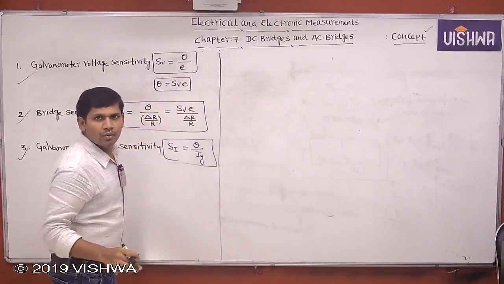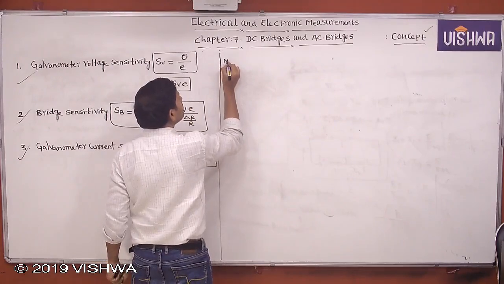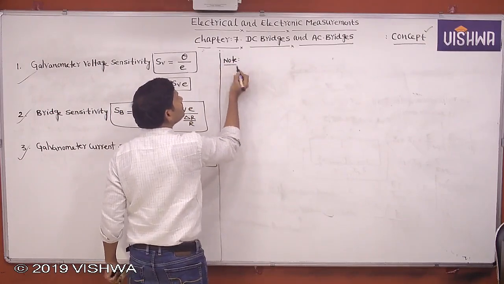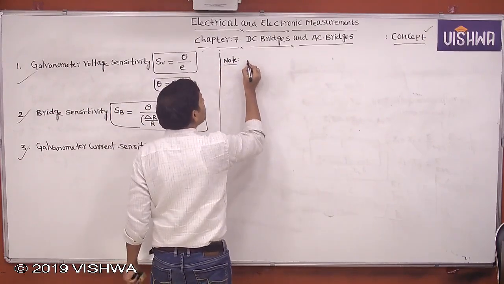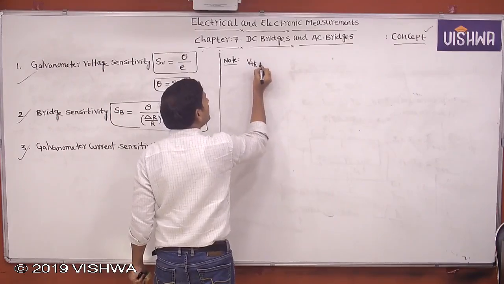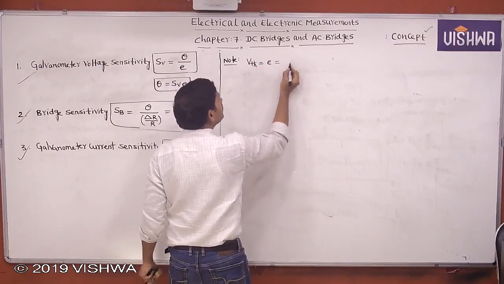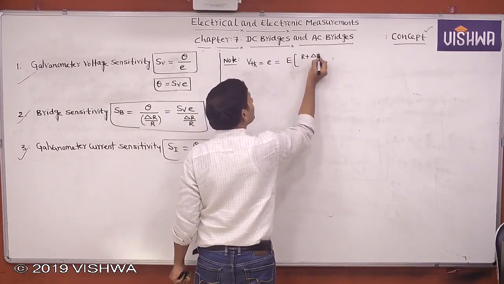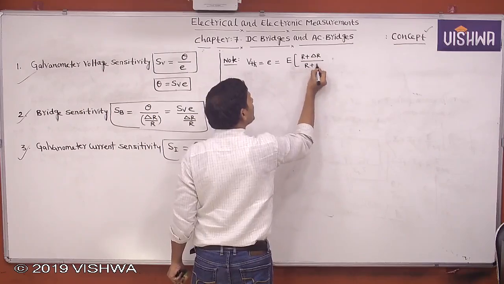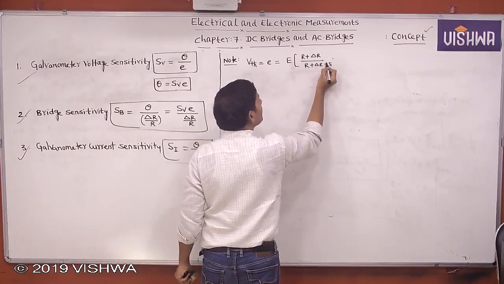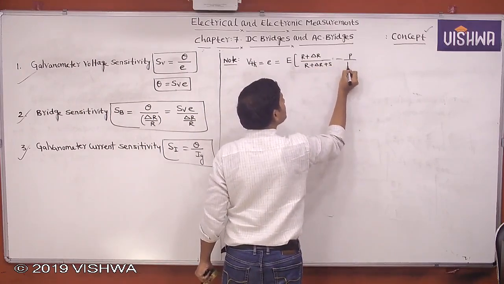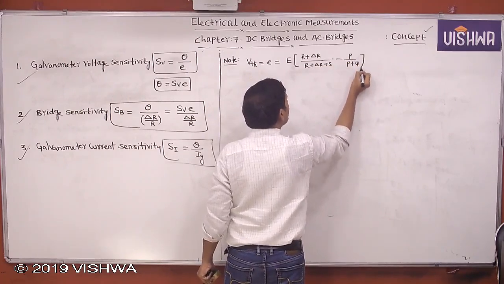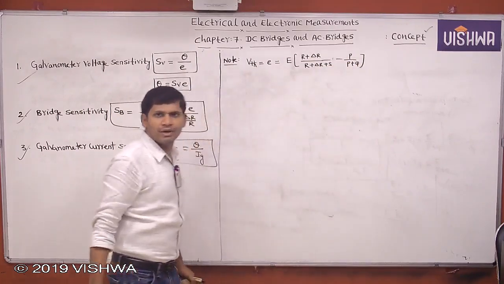Yes, write this as a note. We know that the voltage across the galvanometer, VTH, equals E into R plus delta R by R plus delta R plus S minus P by P plus Q. This is the exact formula for the voltage across the galvanometer.